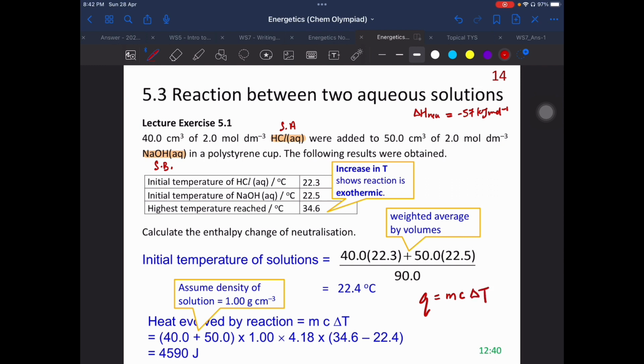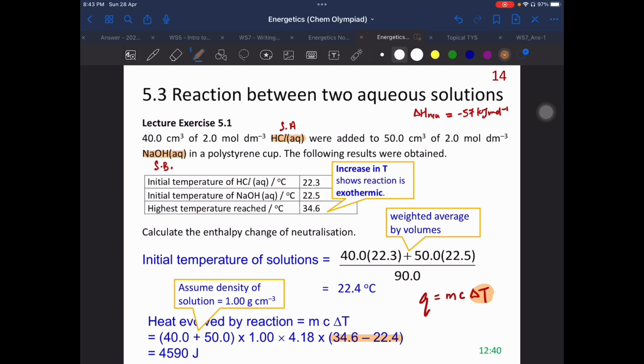The temperature change that we're looking at here is essentially this brown highlight. This is our temperature change, because we know that the highest temperature is 34.6 and the average of the starting temperature is 22.4. So we look at the initial temp.